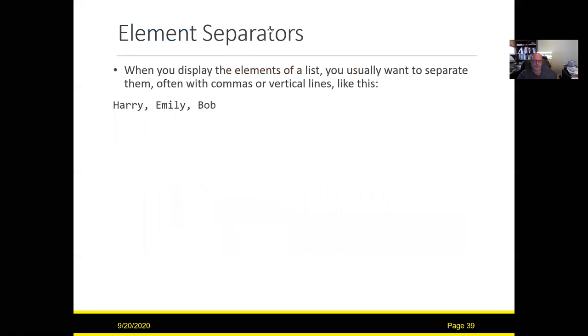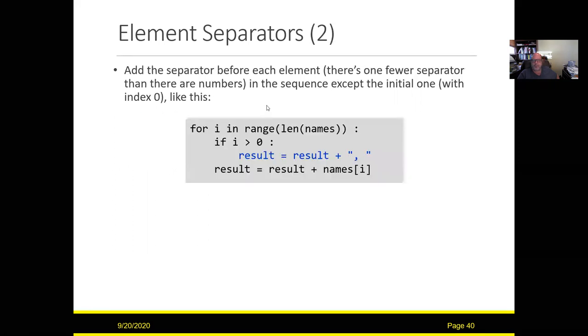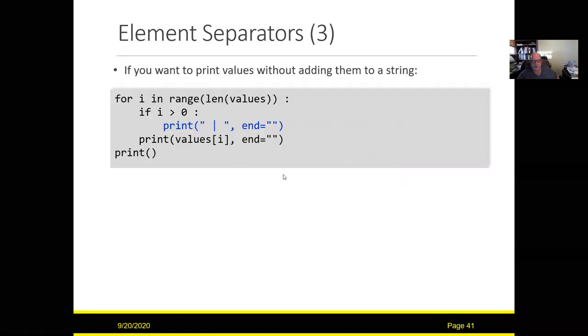We can put a separator for the list that we have. So one way of doing it is putting a comma before each one of them except the first one, or we can put a comma after each one of them except the last one. So you decide how you want to do it.